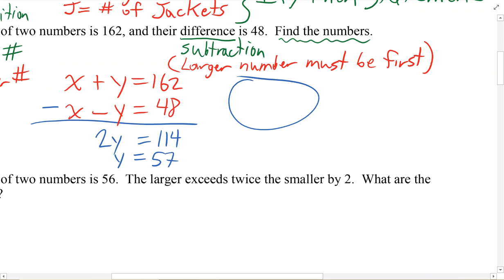Which equation do you want to substitute into? Chase says the top one. Go ahead, substitute into the top. I'm going to be tricky. I'm going to substitute in the bottom. We'll see if we get different answers.